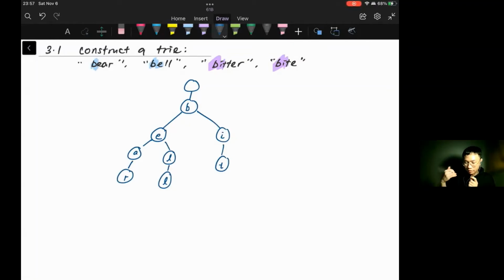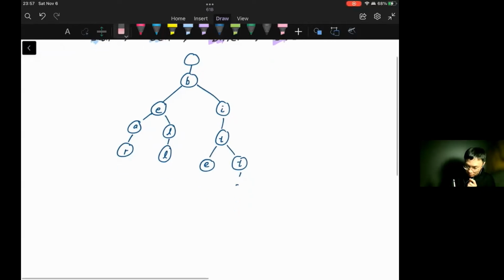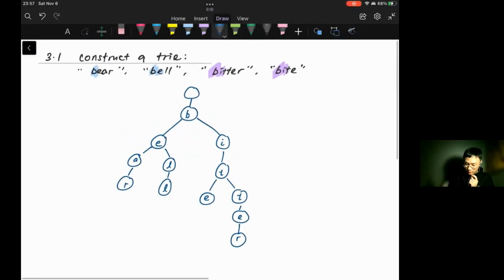Bite definitely precedes TER. So we would start with bite first and then input the rest of bitter. Sorry, some typo. Yeah, so here's our tree.